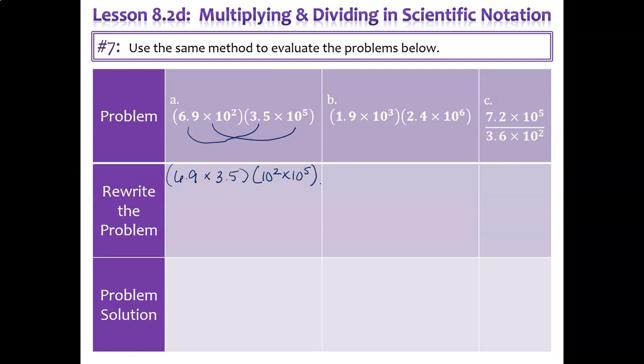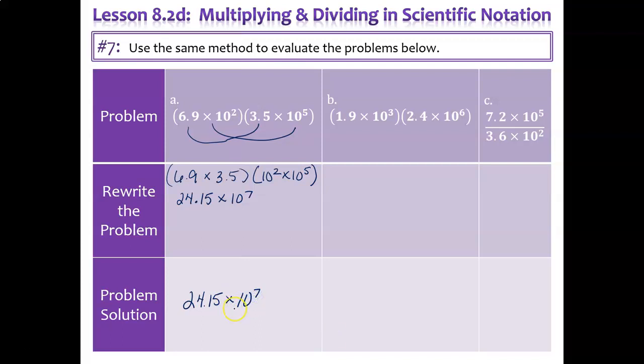So if you take 6 and 9/10 times 3.5, you get 24 and 15/100ths. And if you're adding powers with the same base, I have a base of 10 here, you're going to add the exponents. So this becomes 10 to the 2 plus 5 power, or 10 to the 7. So I have 24 and 15/100ths times 10 to the 7.